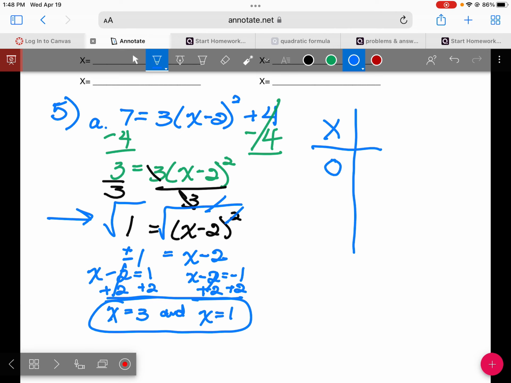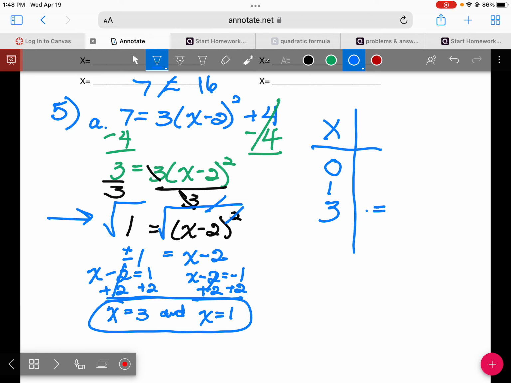Squared is 4. 4 times 3 is 12. 12 plus 4 would be 16 on this side. And that does not equal 7. So I was just trying different values, and you can get pretty close. If you would have tried 1 and 3, that would have worked out, and you would have gotten one side equals the other side.